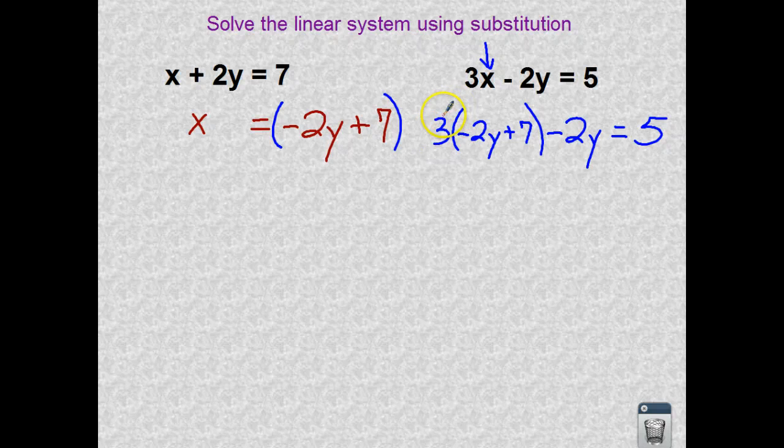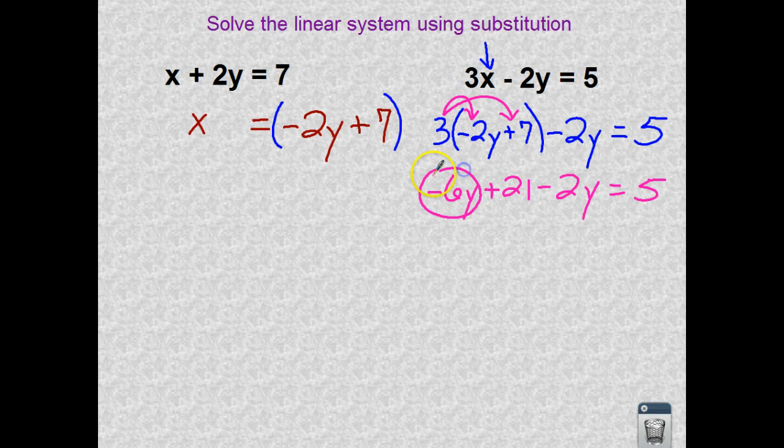We have our distributive property. All right, keep going. Let's get our y variables together. So we have negative 6y minus 2y.